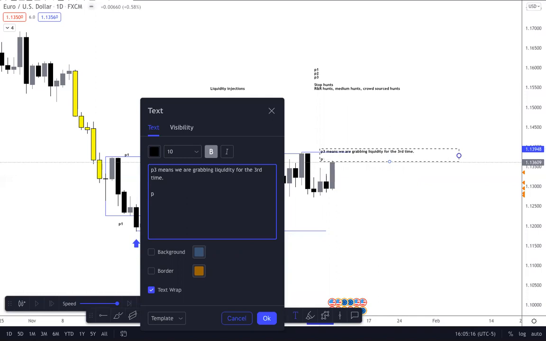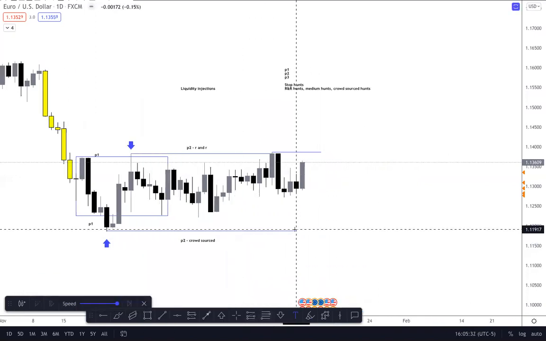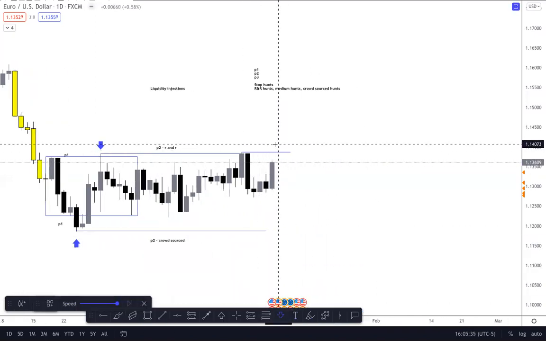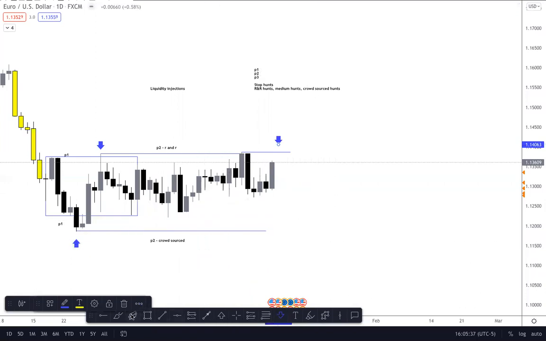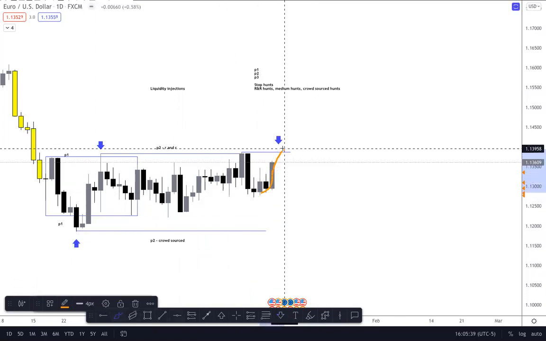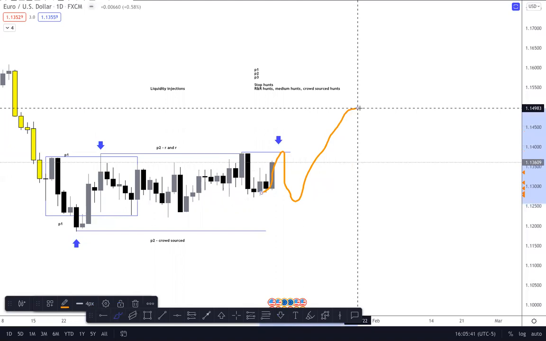So we have the second highest chance of reversing at this liquidity grab, right? So hopefully price is going to come, induce these highs, and then reverse. We can expect price to come in and reverse, something like so.